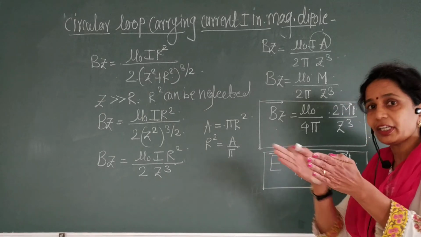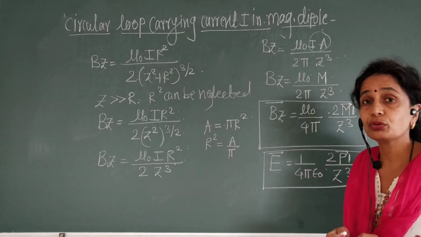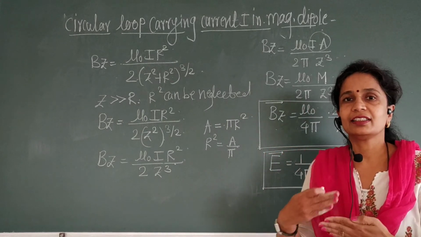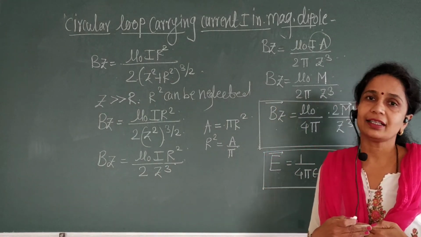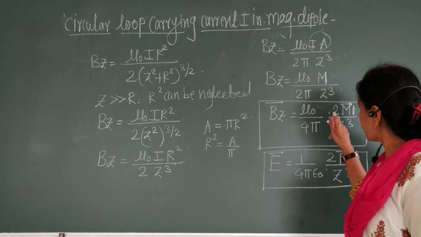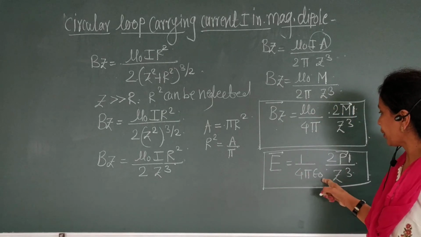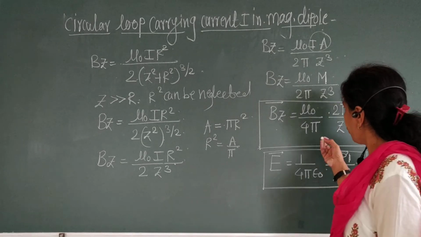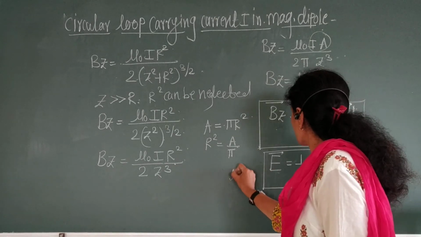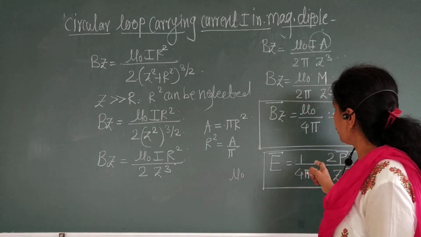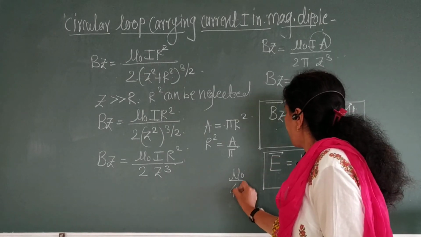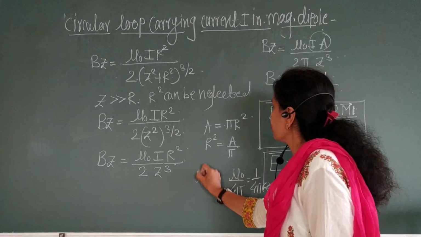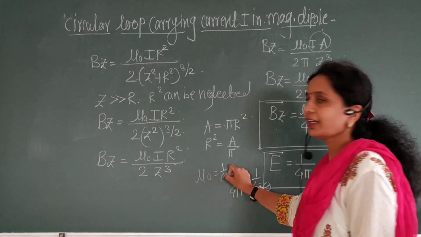Therefore these two equations are analogous to each other, and we can say that the electric field is analogous to the magnetic field, because 1 upon 4 pi epsilon 0 corresponds to mu 0 upon 4 pi, so mu 0 corresponds to 1 upon epsilon 0.